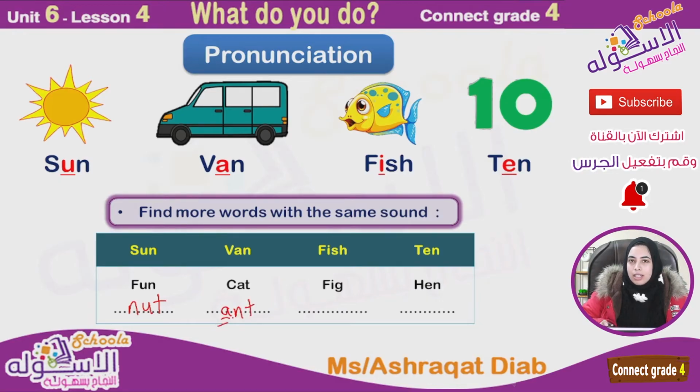Here they are all short A. What about short I like fish, fig, or tin? Tin here means the tin can. Okay, so fish, fig, tin. What about short E like ten, hen, or egg? So here we have short E.